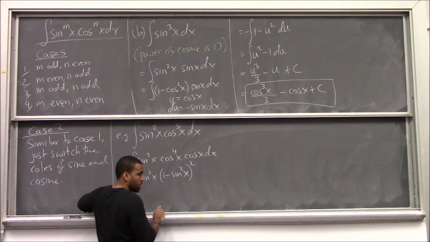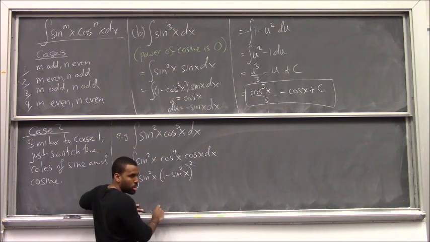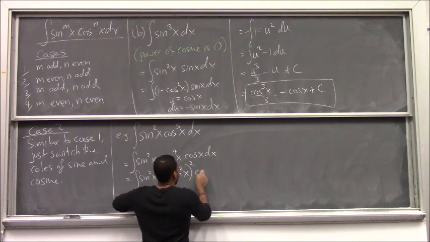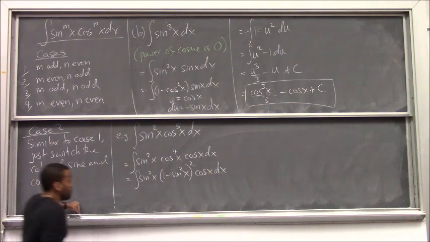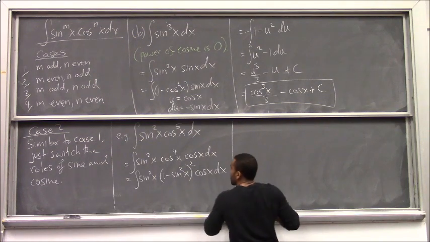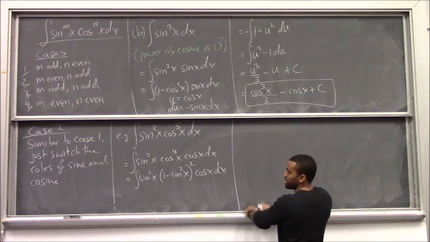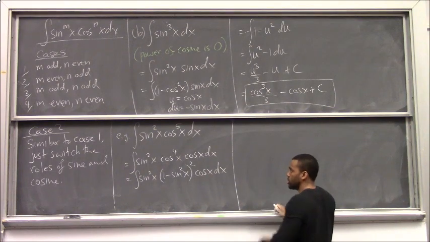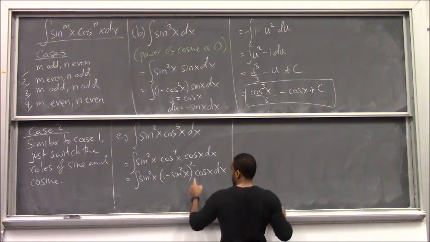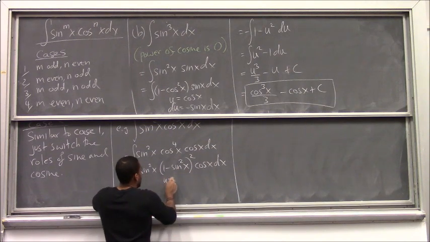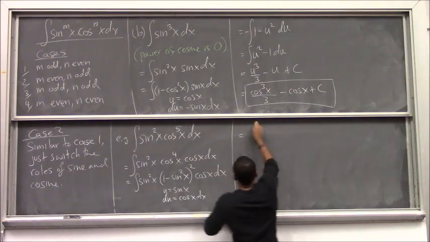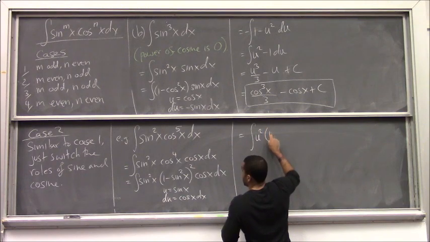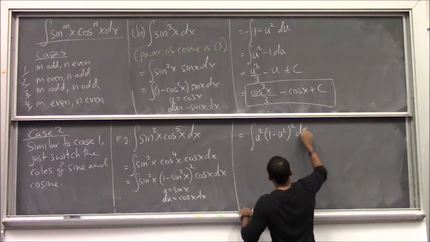It's not 1 minus sine to the fourth x. That's distributing powers across sums, and if you thought about that, that's where the mistake is. It's a blasphemy. So you just think of cosine to the fourth as cosine squared squared, and you can change the cosine squared. So now your u is the sine of x, and your du is the cosine of x. And so this just becomes u squared times 1 minus u squared, squared, du.